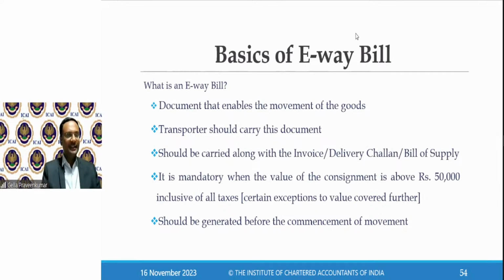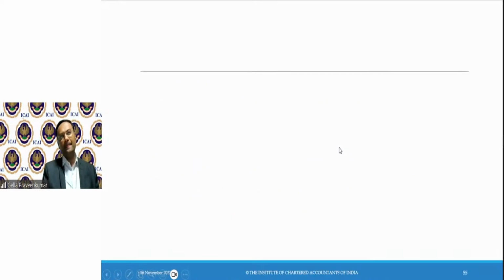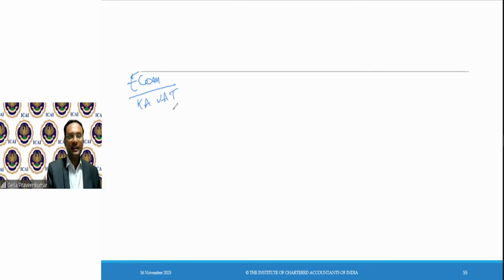One of the recent Supreme Court judgments is connected with VAT law. There's one ECOM case. This is a Karnataka VAT related case law.